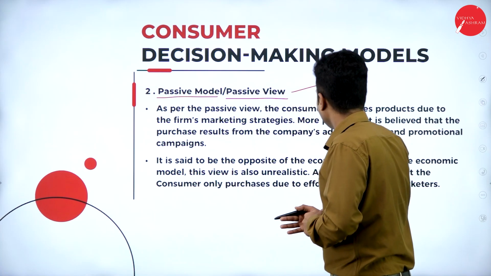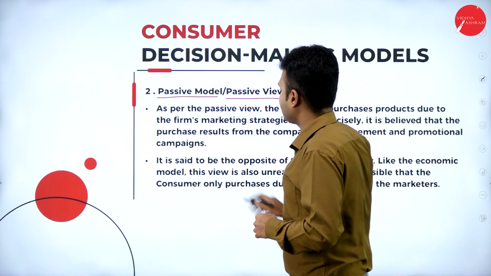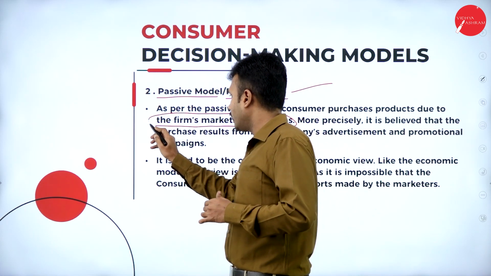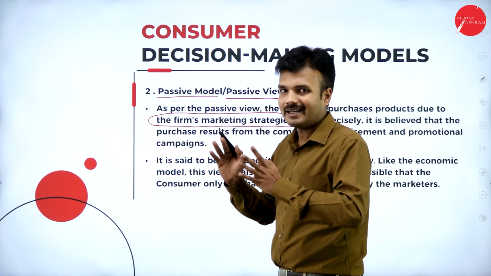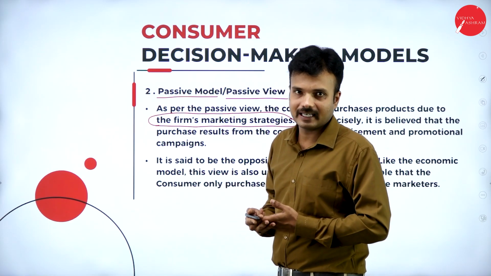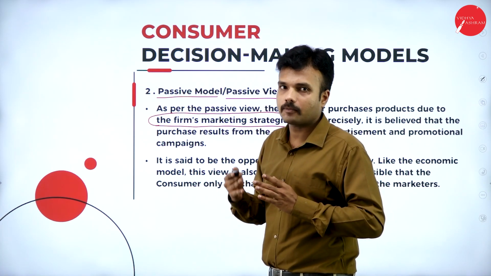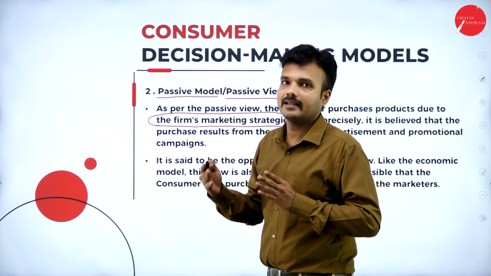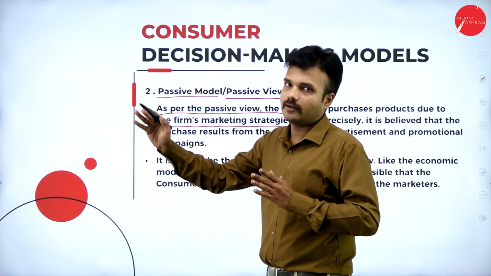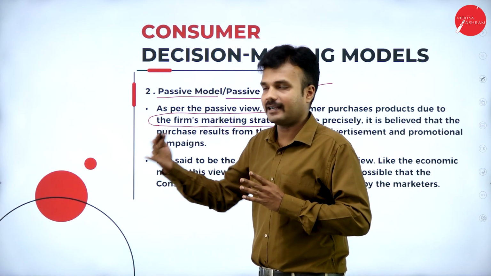As per the passive view, the customer purchases a product due to the firm's marketing strategies. Based on the marketing strategy of a firm, a customer may make a purchase decision, because he is not at all aware of the particular product, nor does he have experience of using it, nor is he going to consider any pros and cons of the product. Just because of advertising and marketing strategy, he gets attracted towards the product and purchases it.